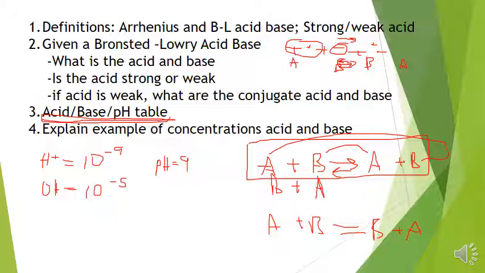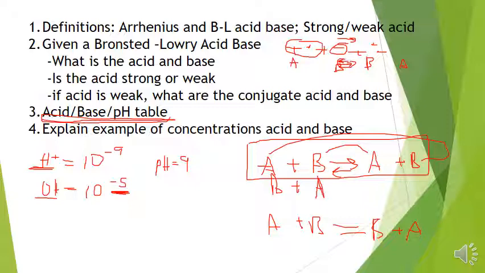Do not say it's because the pH is equal to 9, or greater than 7. The reason why it's more basic is because 10 to the minus 5th is greater than 10 to the minus 9th. That means there's more OH minus than there is H plus.